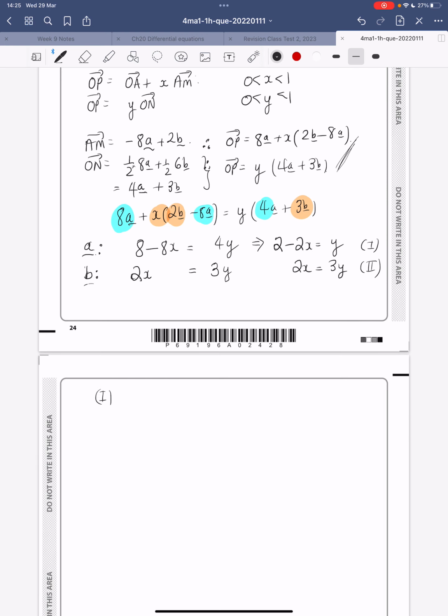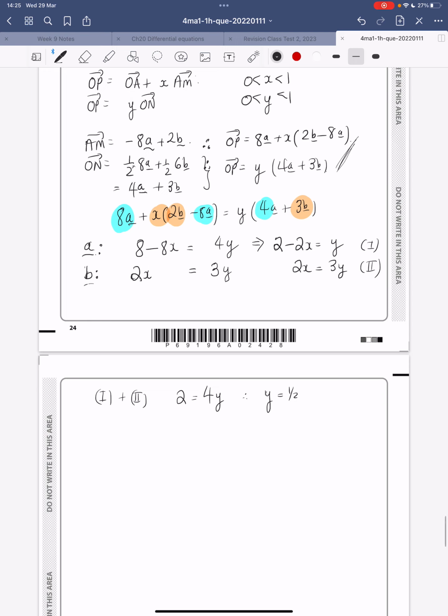We do equation 1 plus equation 2, and the reason I've chosen that is because the y's are going to cancel here. So we have 2 is equal to 4y, because they cancel, so 2 on the left, 4y on the right, so therefore y is a half.